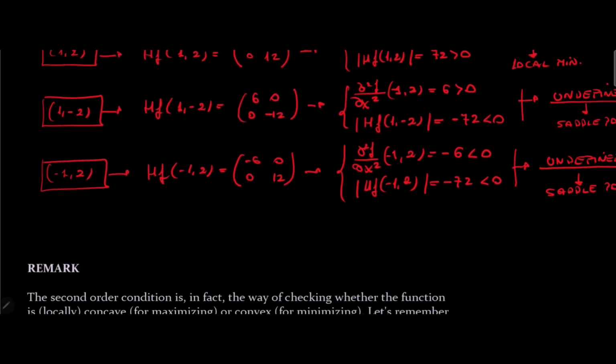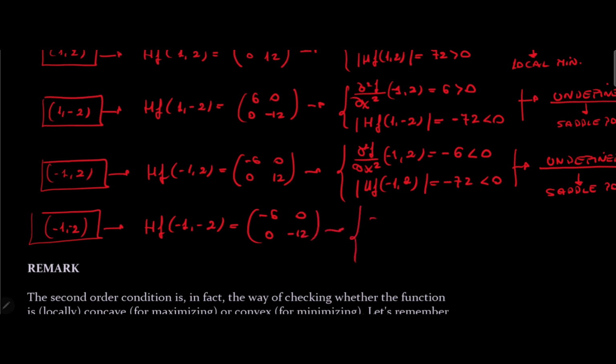And finally, we have a last critical point, minus 1, minus 2. The Hessian matrix at minus 1, minus 2 is equal to minus 6, 0, 0, minus 12. And now the second order partial derivative according to x twice, when substituted at minus 1, minus 2, equals minus 6, negative, and now the determinant is positive.